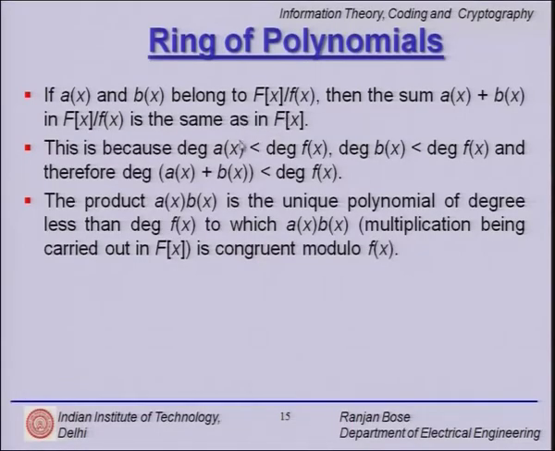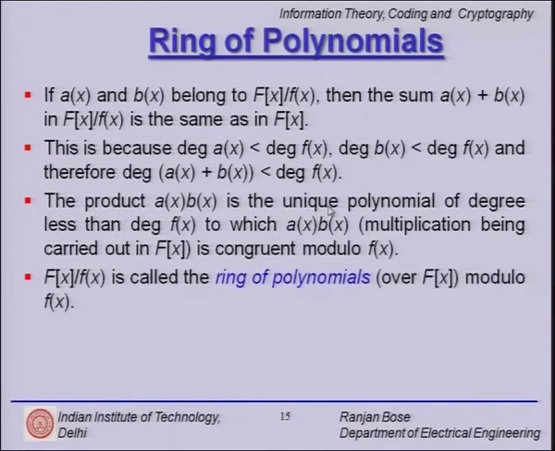So, we are now talking about this ring. This F(x)/f(x) shows that everything is taken modulo f(x). This is a notation because the numerator is a set. So, this is called the ring of polynomials over F(x) modulo small f(x). This is the notation, and we will be using this notation.